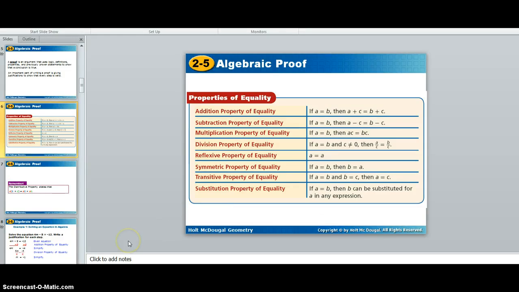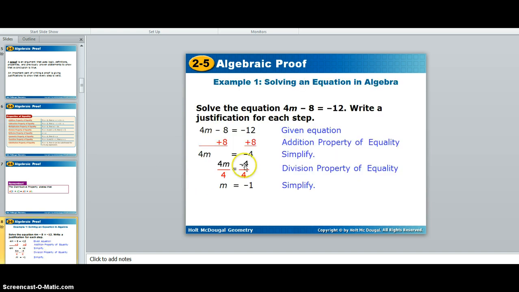Okay, those are the properties we're going to use for this first example. I'm not going through the PowerPoint in full because I don't want to do every slide, but I liked that it had some great examples. If we're given the problem 4m minus 8 equals negative 12, we're going to write a justification for each step.